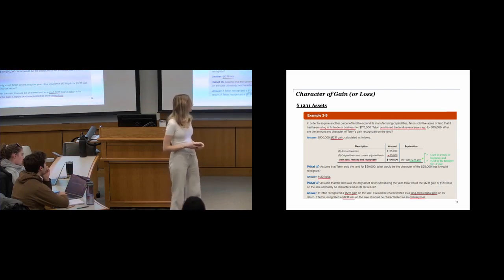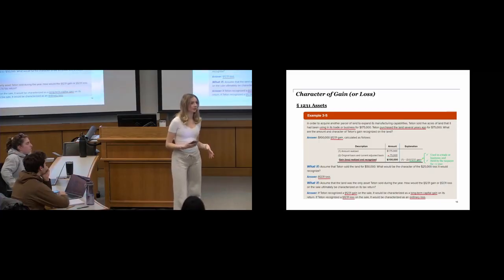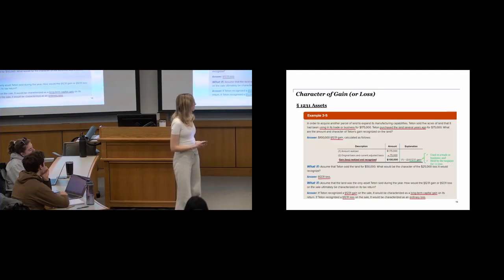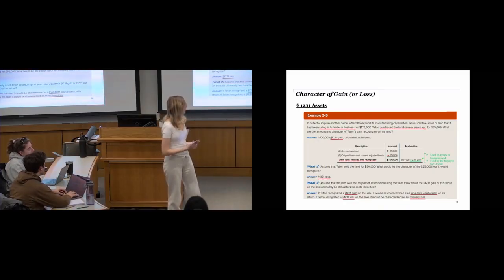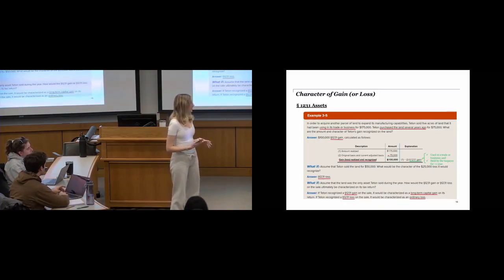Now, assuming that Teton sold the land for $50,000 instead, our $25,000 loss would once again be characterized as a section 1231 loss because of the character of the asset. Now assume that this asset was the only one sold throughout the year. It would then be characterized as a long-term capital gain, if it's a gain.